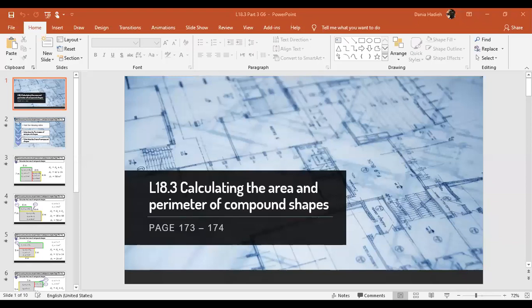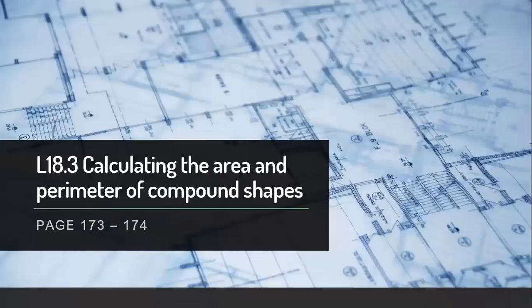As I mentioned in the previous part of the lesson, we talked about how to find the missing side in a compound shape, okay? And then we talked about how to find the perimeter for compound shapes.